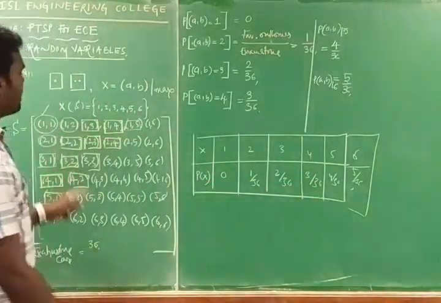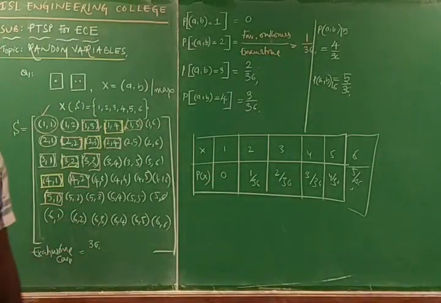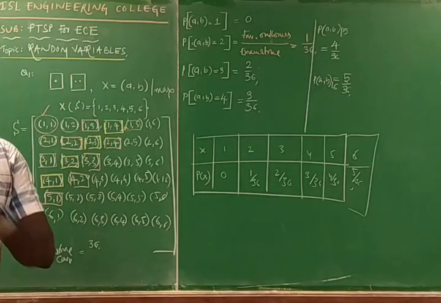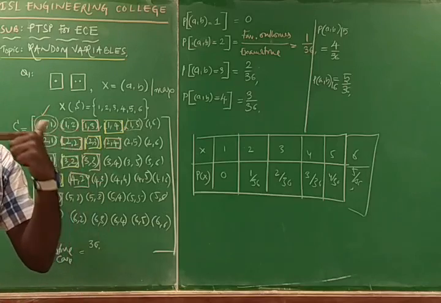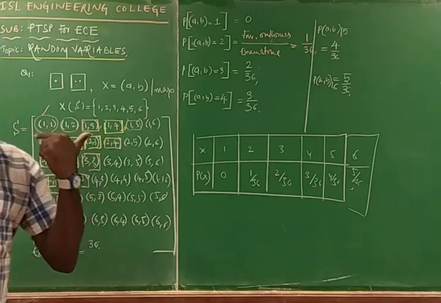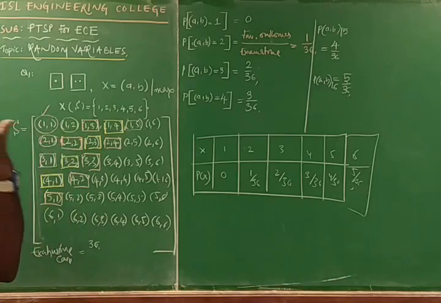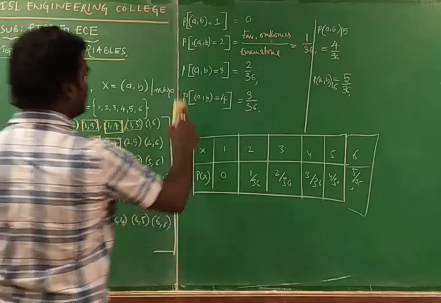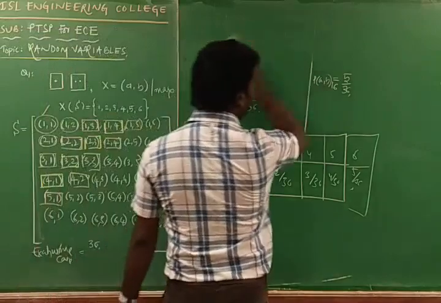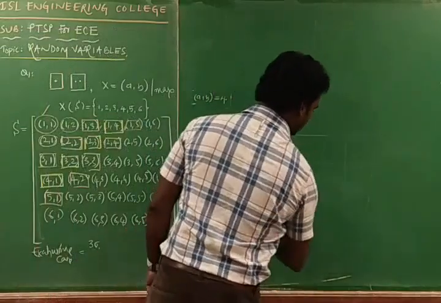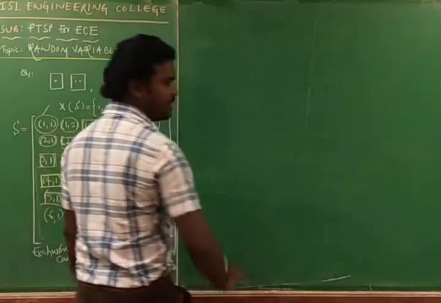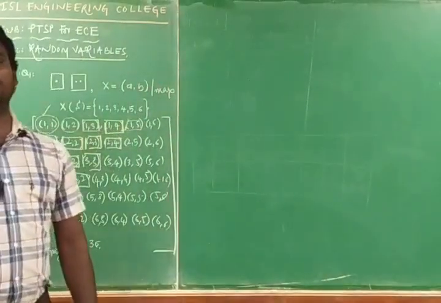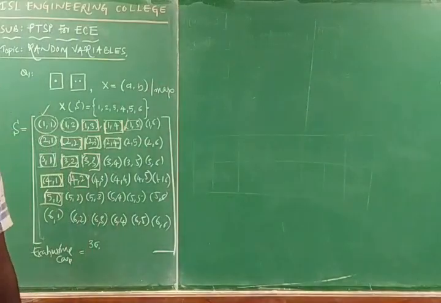Using the same data, we are going to solve one more problem: the probability of getting the maximum number, which should not exceed that maximum number. This is about a plus b being equal to the given number.